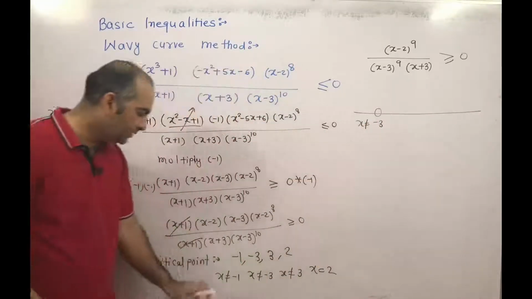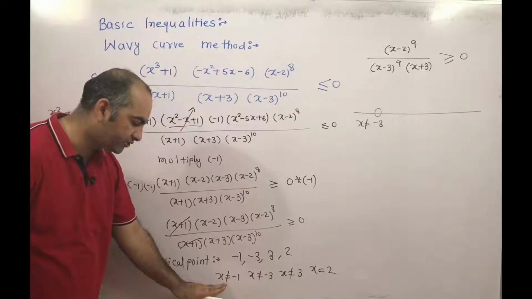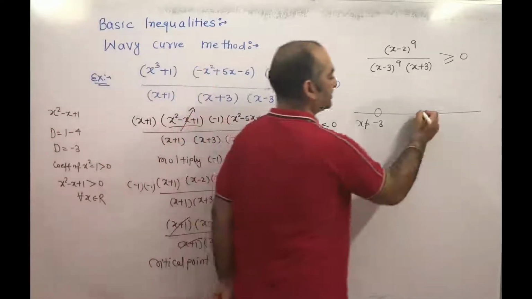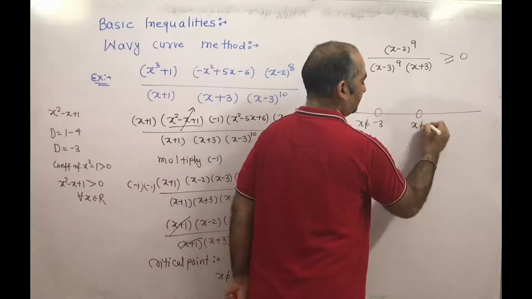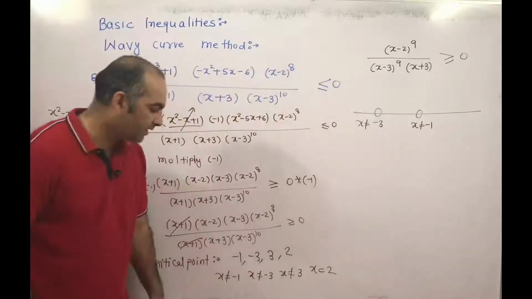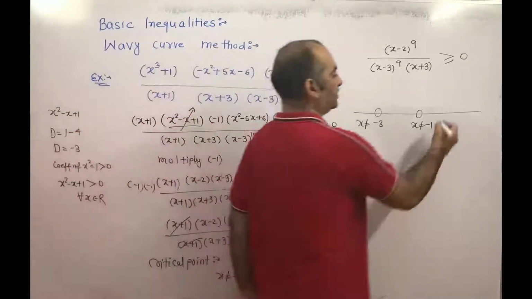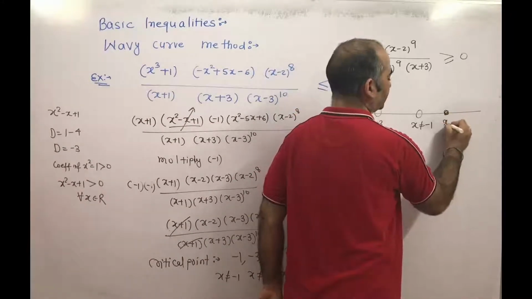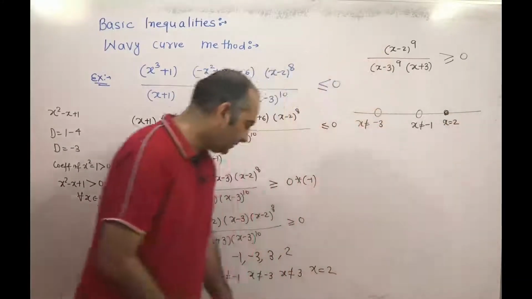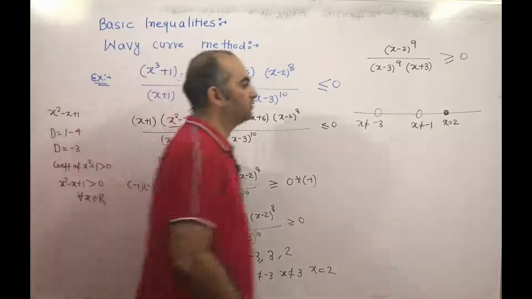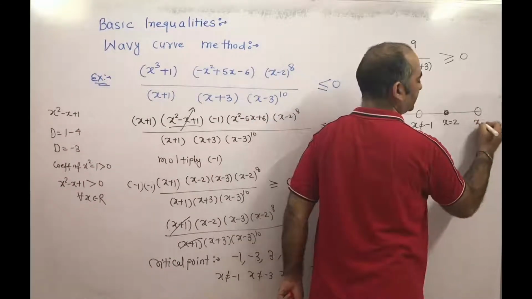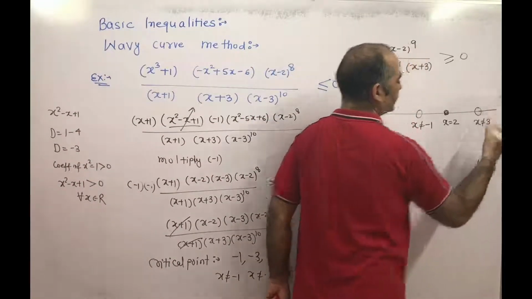Next, minus 1: x should not be minus 1, so this is also an open circle. Then x equal to 2 is possible, so it is a solid circle. Next, x not equal to 3, so this is also an open circle.